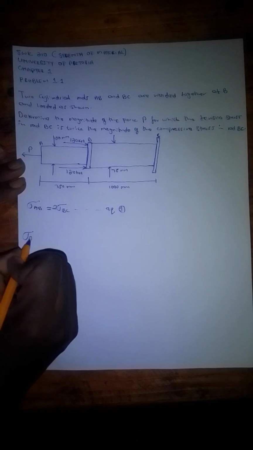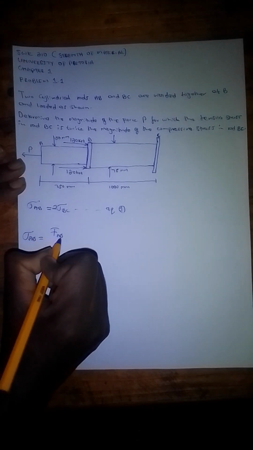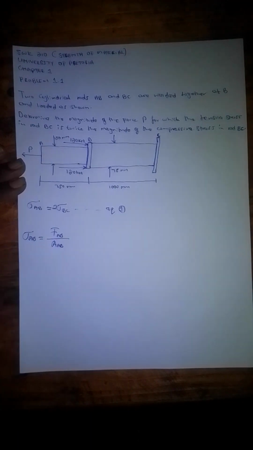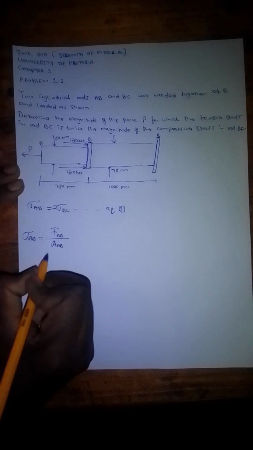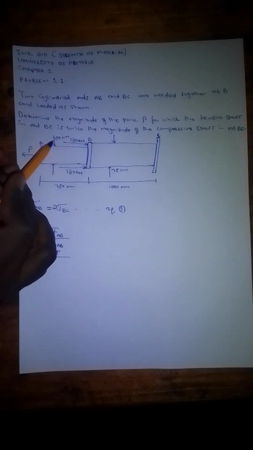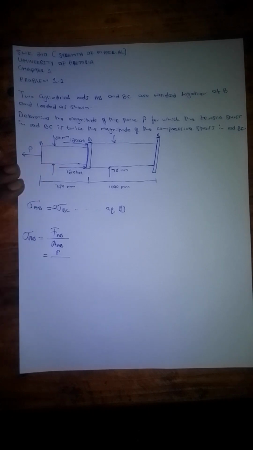The stress in AB equals the force in AB over the cross-sectional area of AB. We know that the force in AB is P, all over the cross-sectional area, which depends on the diameter of the cylindrical rod, and the diameter is 50 millimeters.